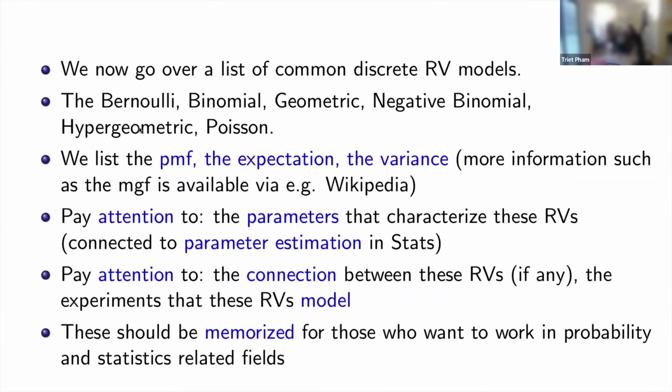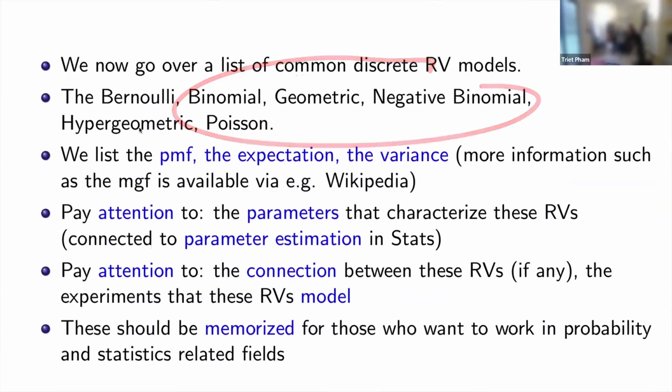And then we moved on to dealing with very specific discrete random variables that must be known by anyone who studies anything related to probability, because these are well-known models that are usually the building blocks for more complex models. You would encounter these again and again in probability, statistics, machine learning, whatever.